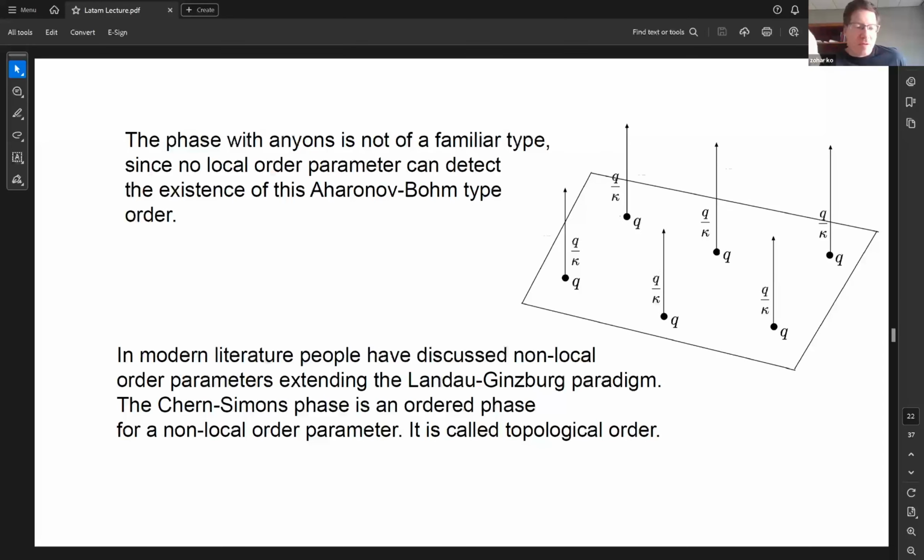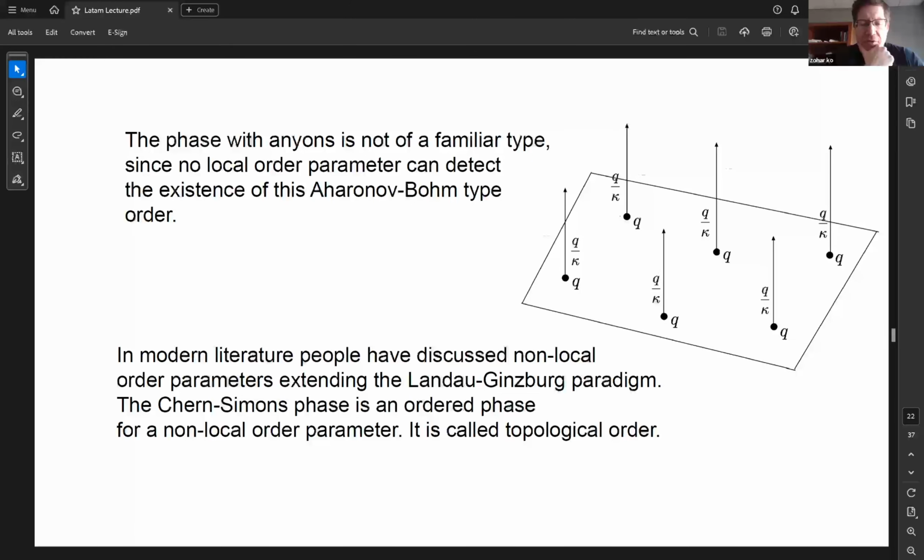So solids are ordered phases. Magnets, the magnets that hang on your fridge, are also ordered phases because they have spins. If you look with a microscope, you'll see that there are little spins, and all the spins are lined up in the same direction. So the Landau-Ginzburg idea from decades ago was that all the phases of matter are either completely disordered, completely featureless, or they have a local order parameter, like magnets or superconductors or solids and so on.